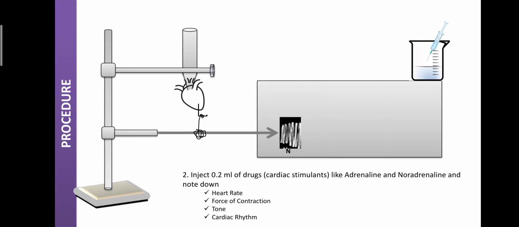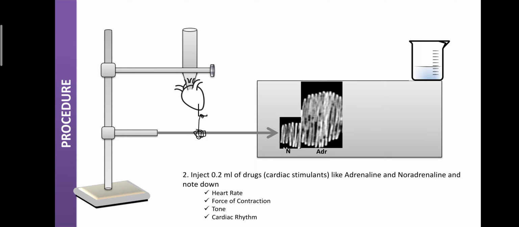First we administer adrenaline, then after administration of adrenaline you start recording the responses by switching on the drum, and note down the heart rate, force of contraction, tone and cardiac rhythm.